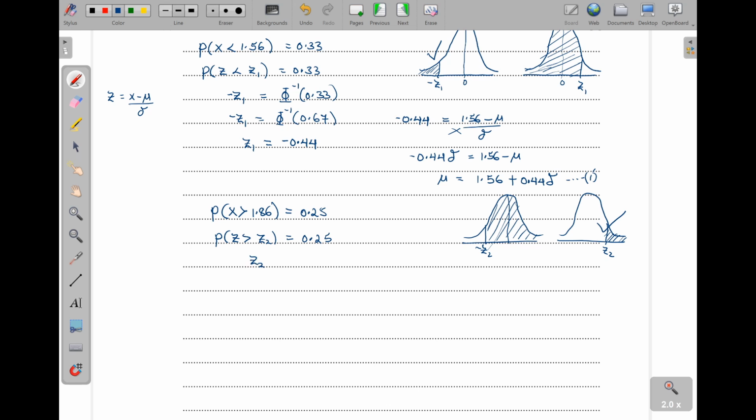So Z2 will then be the phi inverse of 0.25. But remember, we don't have probabilities which are less than 0.5. That means I will say 1 minus 0.25, which will give me 0.75. Then I go to the table and look out for this 0.75, the Z value that corresponds to 0.75.